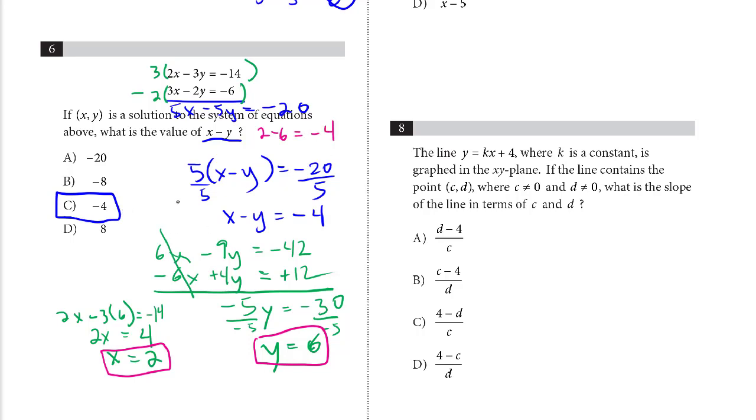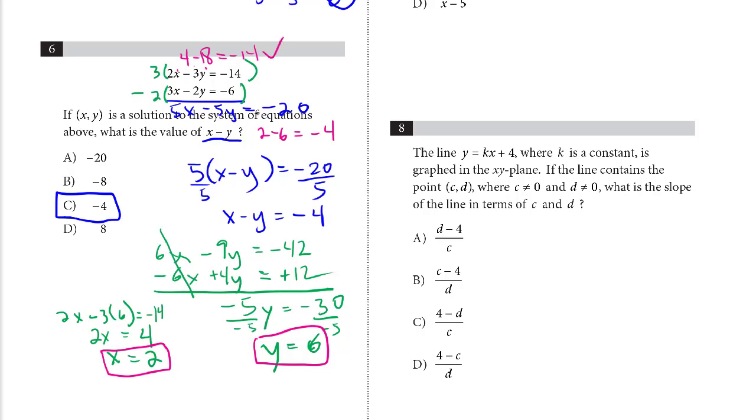It's the same answer we got above by our quick elimination approach. Here we just took the time to solve for x and y. But again, if you look for the quick version or elimination first, you might not have to go through all that pain and effort. Now, once we did this, I would check my results in the original equation. 2 times 2 is 4, minus 3 times 6 is minus 18. 4 minus 18 does equal minus 14.